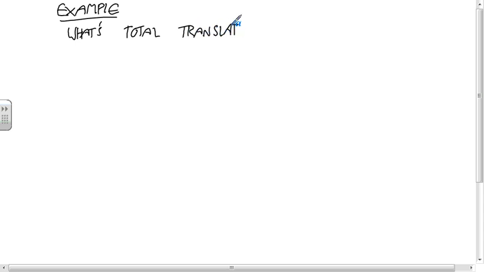Okay, so here's an example. What's the total translational kinetic energy in 1 cubic meter of nitrogen gas?